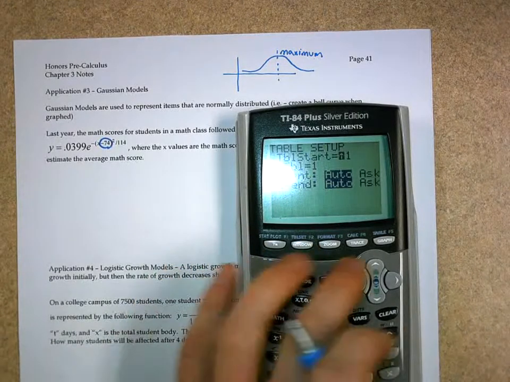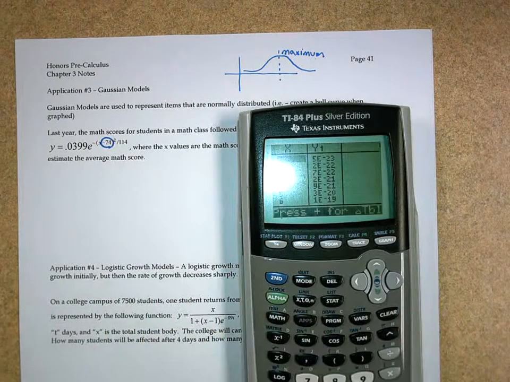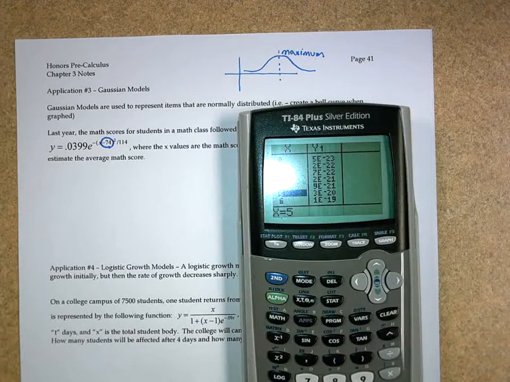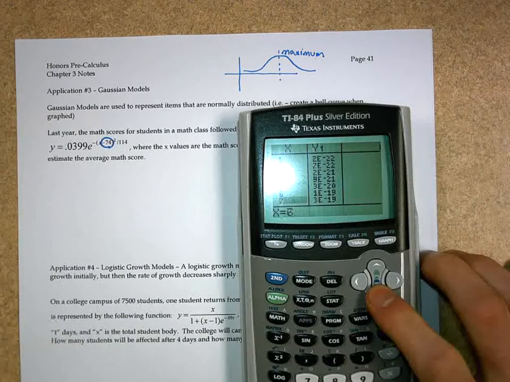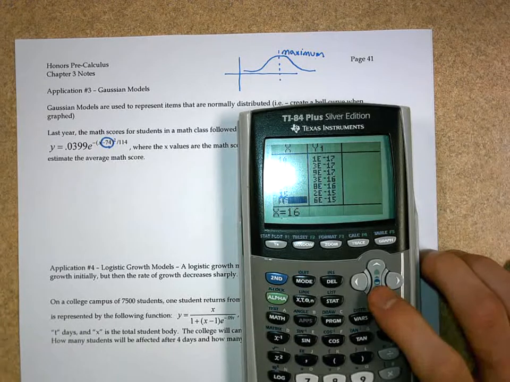Let's go to our table, and we're going to start our table at 0, change of table being 1. You can see here I'm at 5 times 10 to the negative 23rd, 2 times 10 to the negative 22nd. Those values are so small that they're insignificant for us. So we're going to scroll down the table until we find values that we can actually make some sense of.